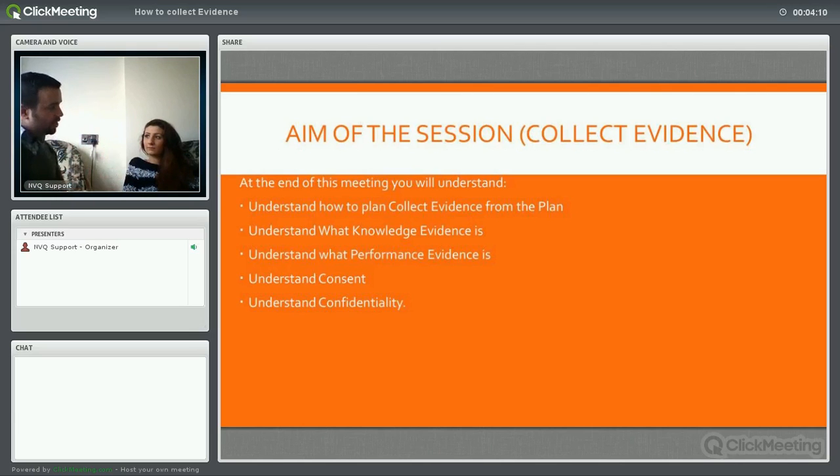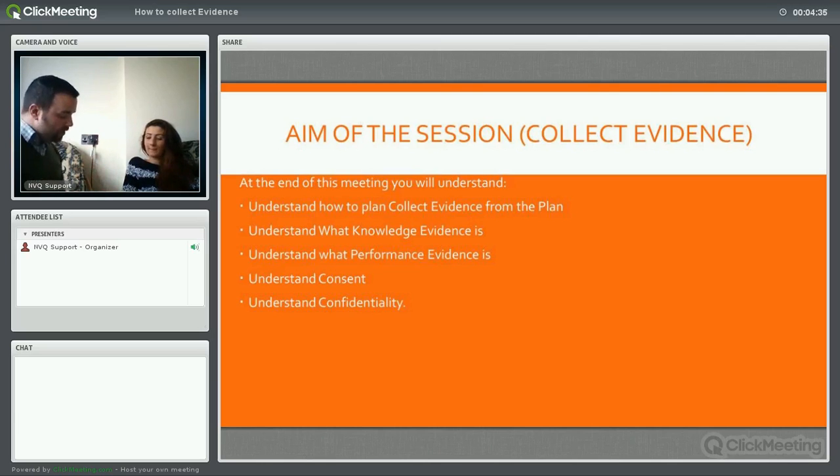So let's have a discussion around performance evidence first, and then what I want you to do is think about you as a learner, think about your learning styles, and then tell me which ones you think best suit you. And then I'll make a note, so when we carry on planning, I know that I'm picking the right methods with you.